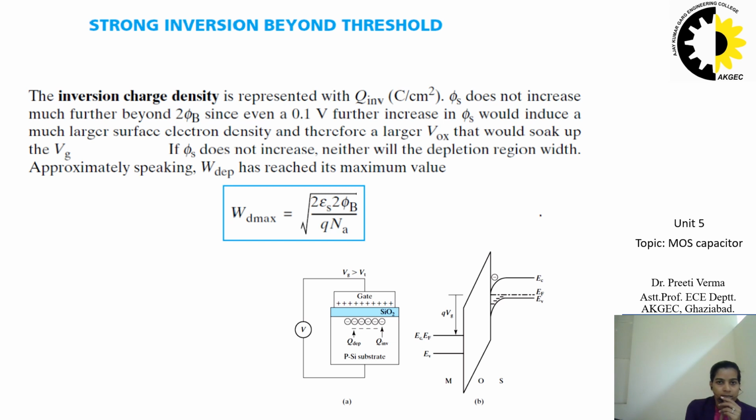If phi s does not increase, neither will the depletion region width. Approximately speaking, W depletion has reached its maximum value, WD max, equal to the square root of 2 epsilon s times 2 phi b divided by q NA.